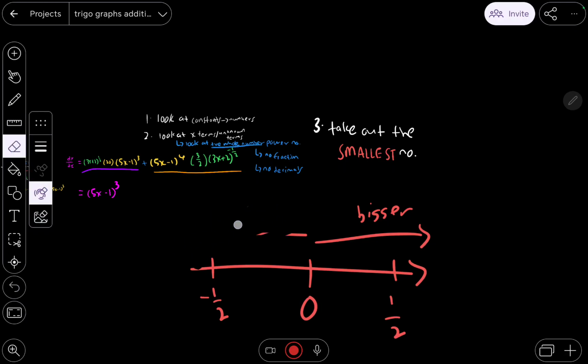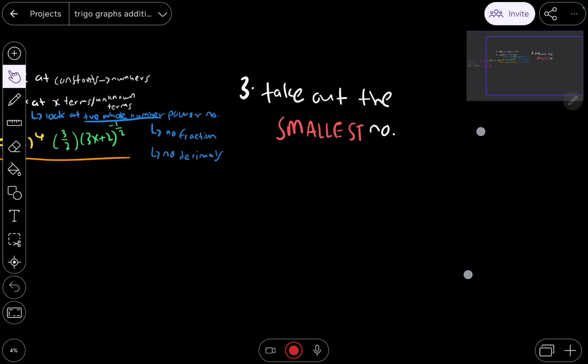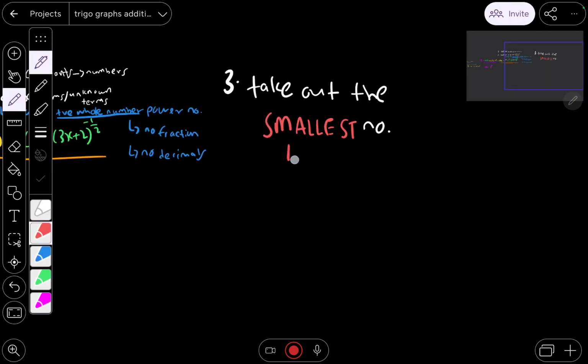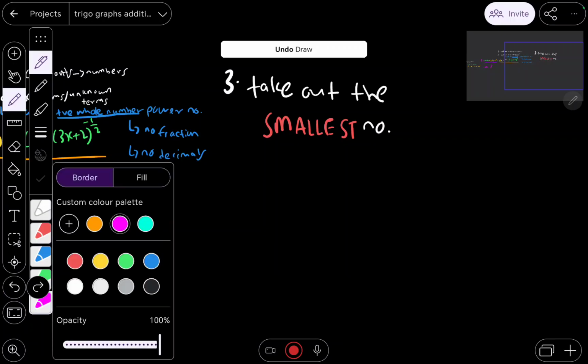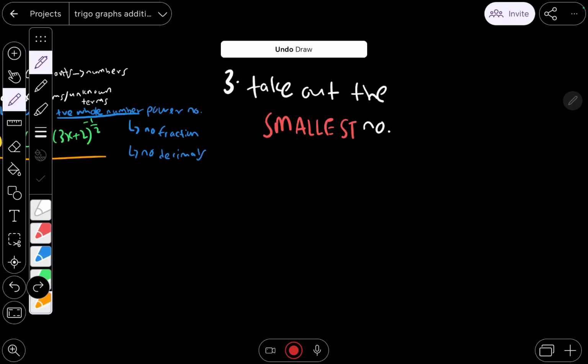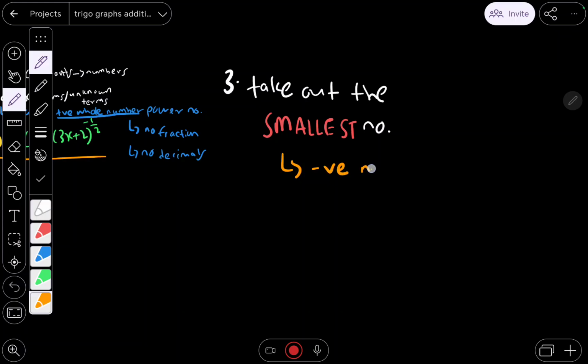Okay, so usually what I will tell students is this. I will say, smallest number, and usually I will say to people who I'm teaching, negative numbers are always smaller than positive numbers.